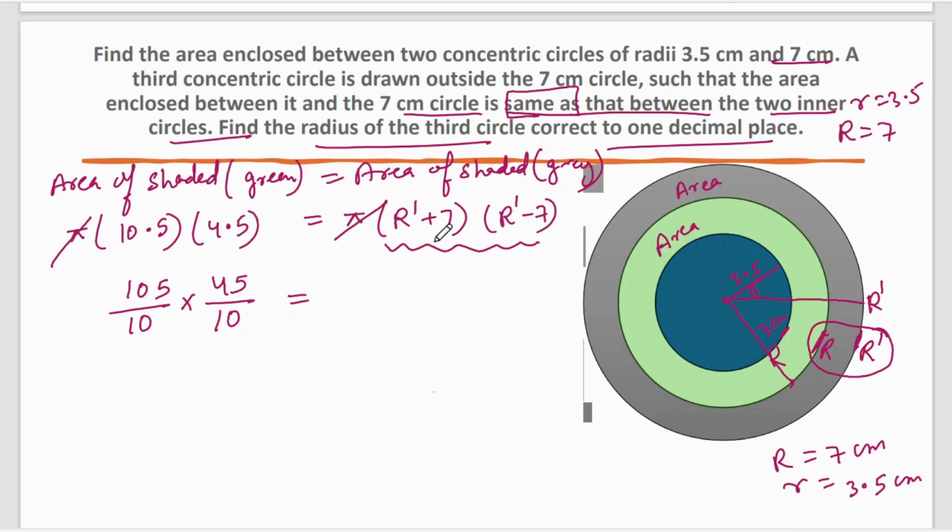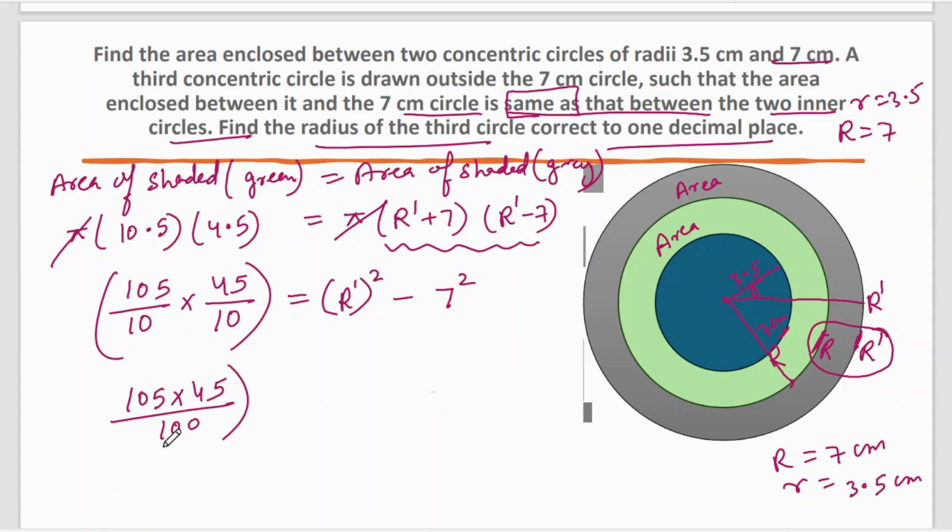We calculate 105 into 35 divided by 100, and then we add 7 square, which is 49, so that equals R dash whole square.